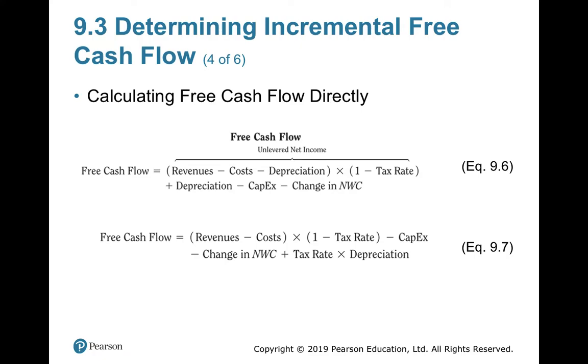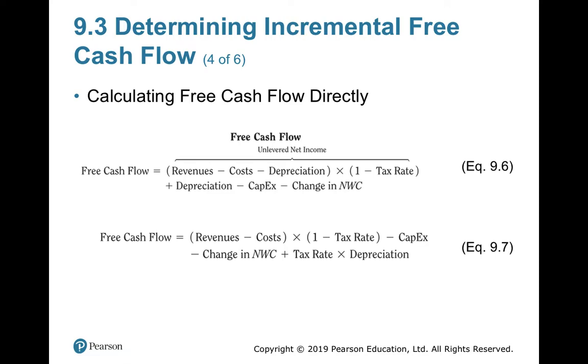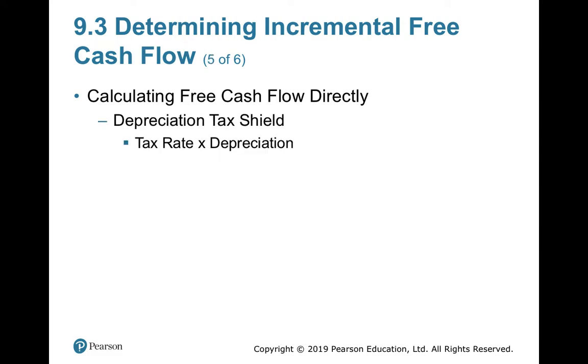We added back the depreciation, line 10. We deducted the initial investment, line 11. We adjusted the change in net working capital, line 13. Open the brackets, it will be equation number 9.7.